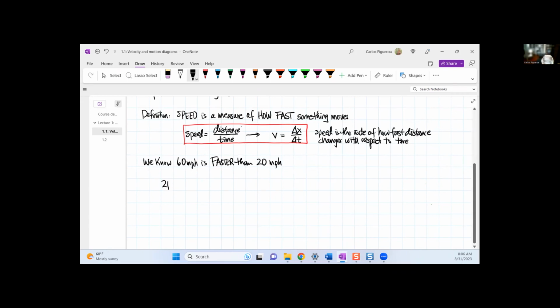Well, if I look at 20 miles an hour and 60 miles an hour, we look at our definition of speed, and in each of these intervals, we are referencing relative to 1 hour. So it's the hour that's the same. What is different is that 20 miles implies that I travel 20 miles in 1 hour, whereas in this case, I am traveling 60 miles in 1 hour.